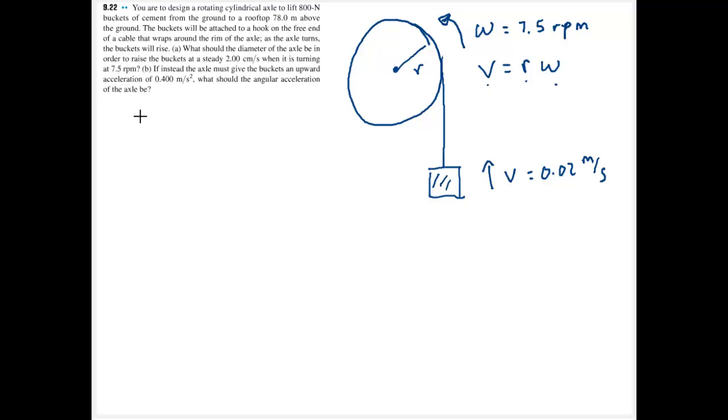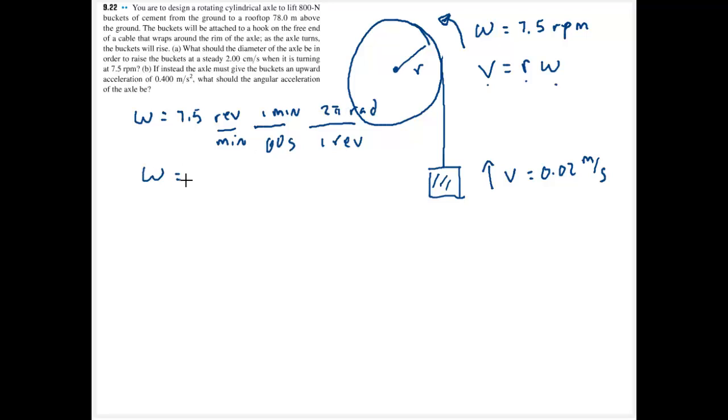However, the very first thing I need to do is convert this angular velocity from 7.5 revolutions per minute into something that is more meaningful. Let's convert it to radians. I know that 1 minute is going to have 60 seconds associated with that, and 1 revolution is equal to 2 pi radians.